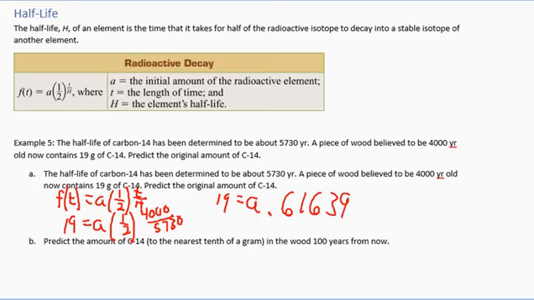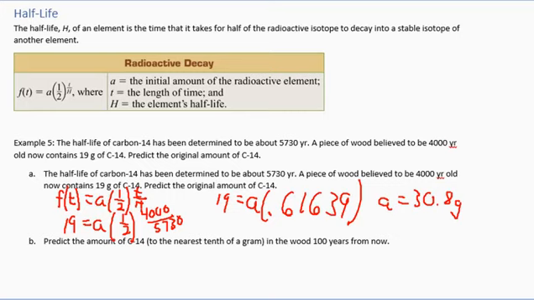Dividing both sides by that, 19 divided by 0.61639 gives us A, so A ends up equaling about 30.8 grams. And then this next question says predict the amount of C14 to the nearest 1/10 of a gram in the wood 100 years from now.